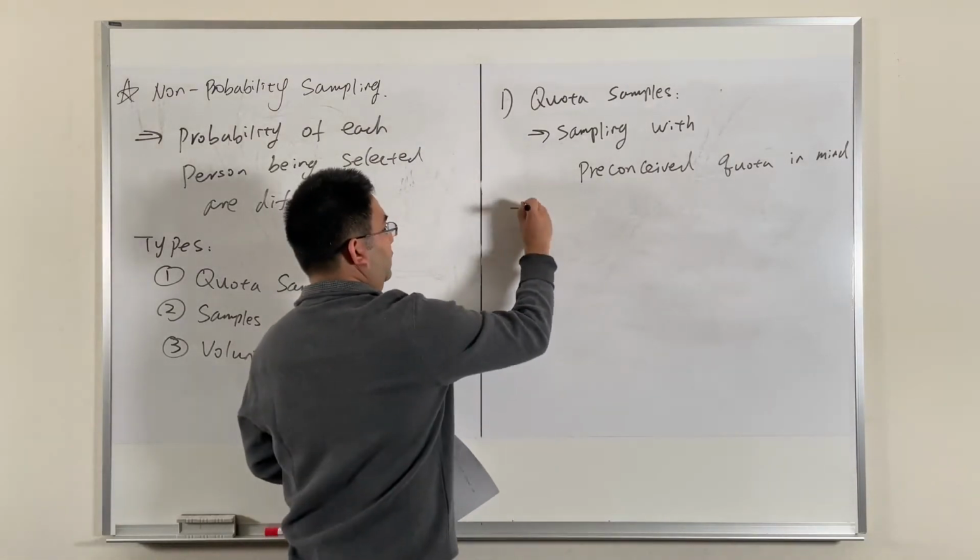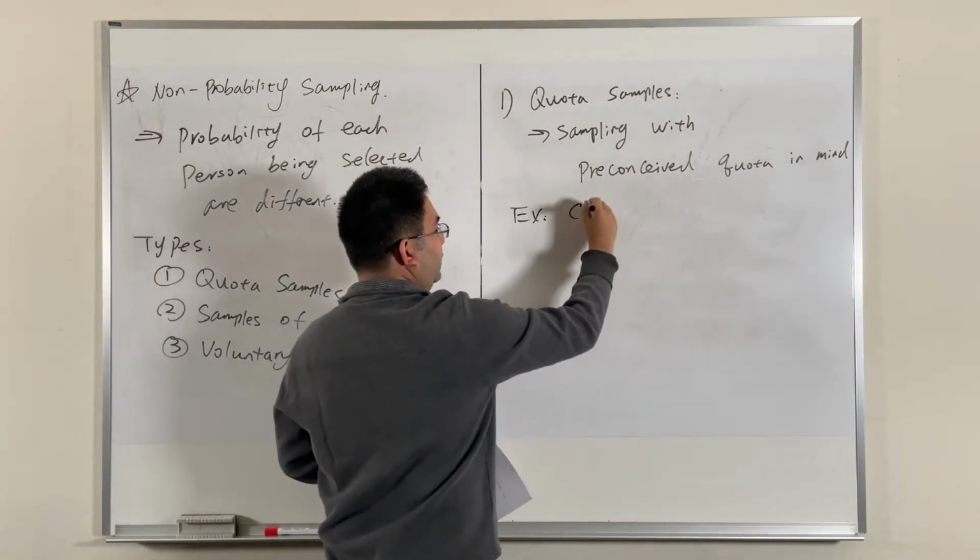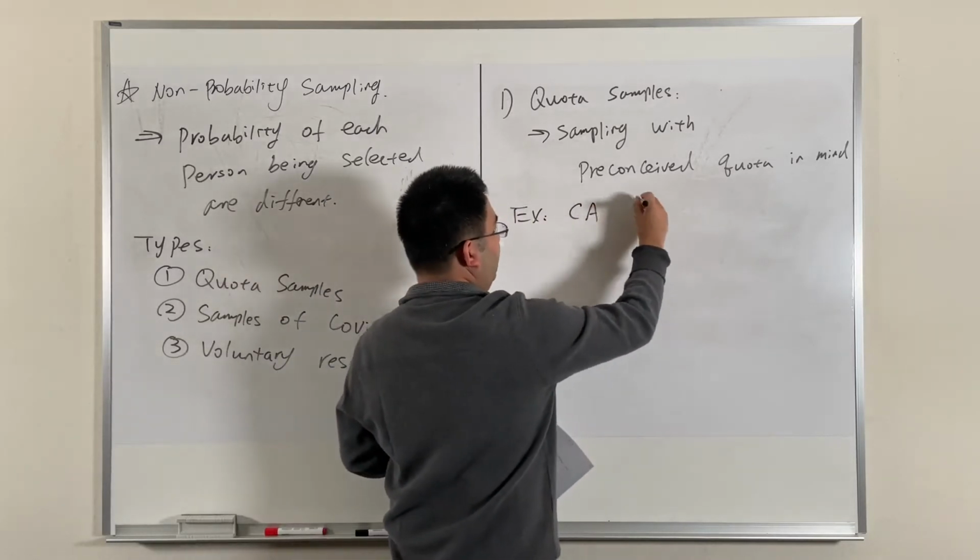So the example is that we're interested in California residents' average income.